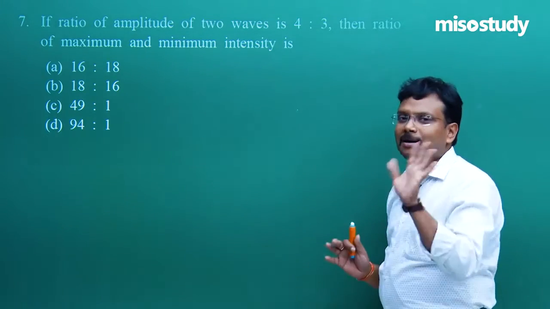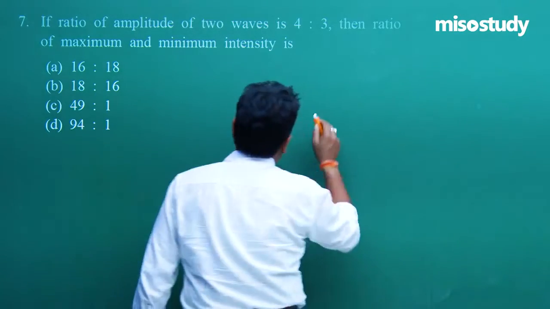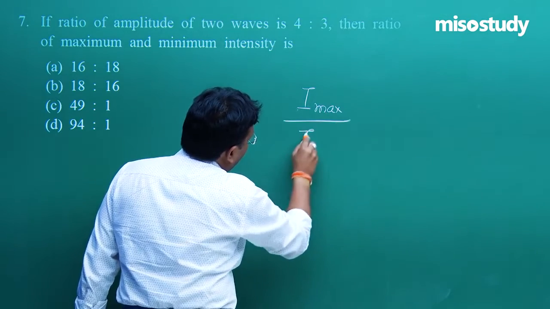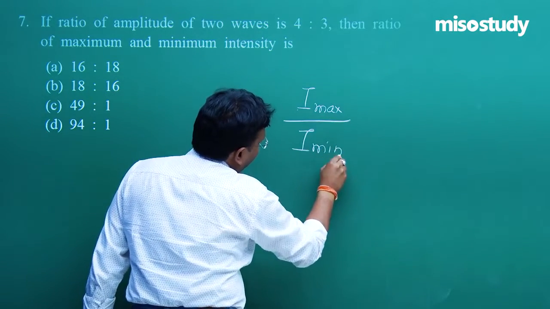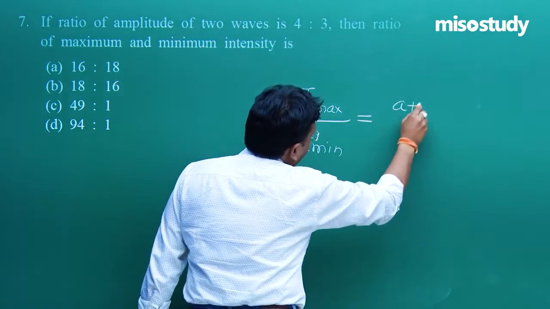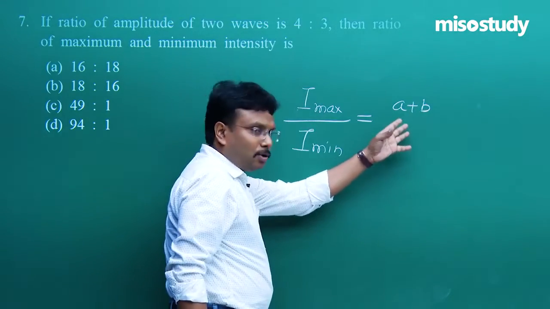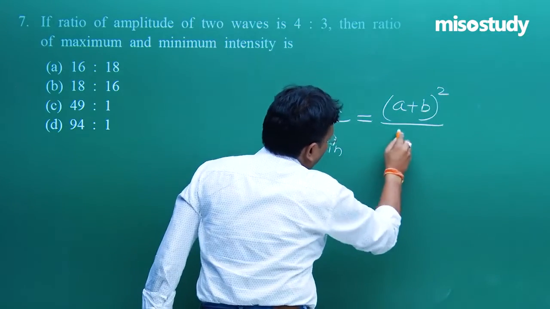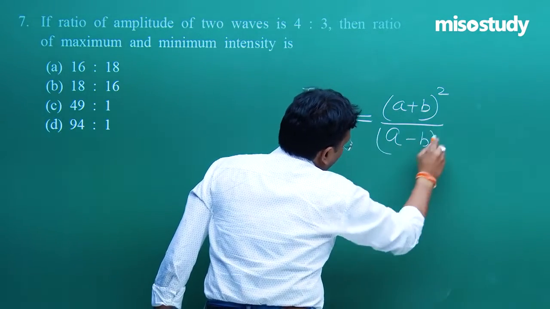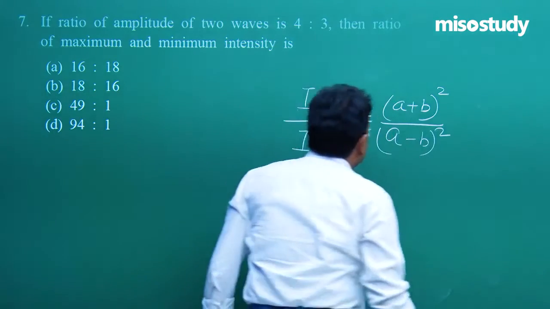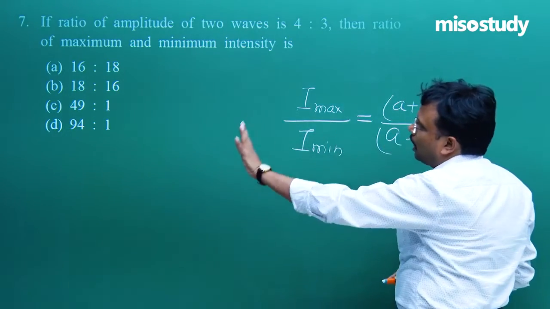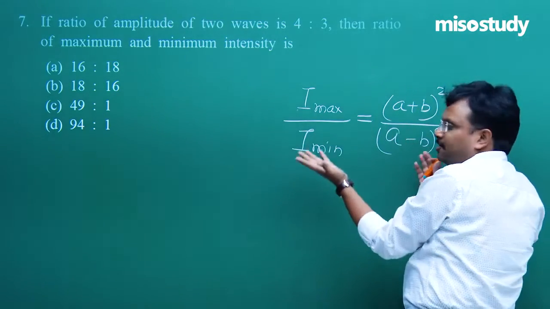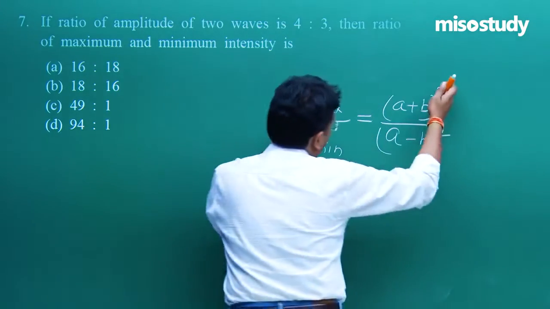Now before saying anything, I max upon I min is equal to A1 plus A2 whole square upon A1 minus A2 whole square, I am sure you all are going to be very comfortable with this explanation. This is a basic result.